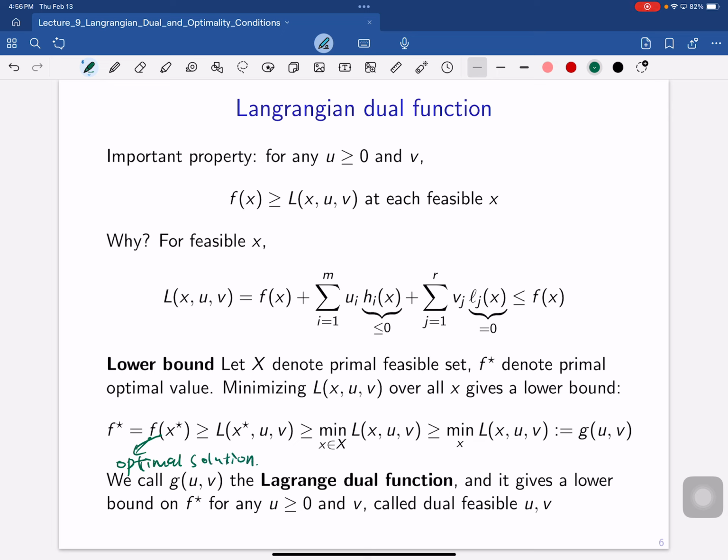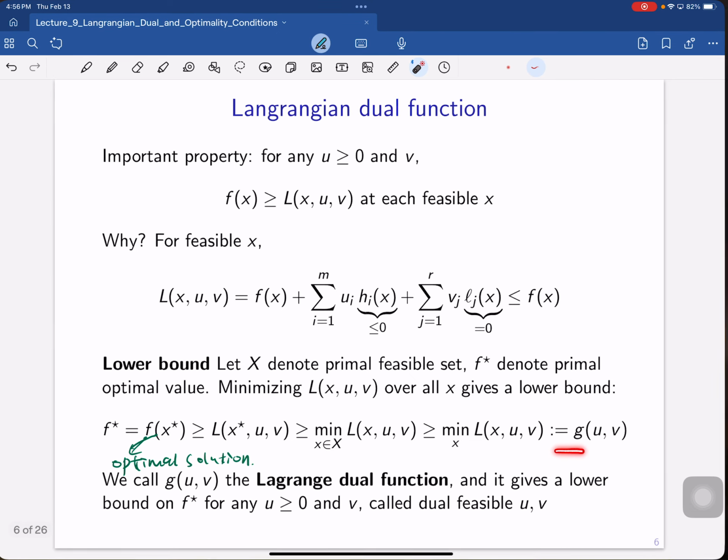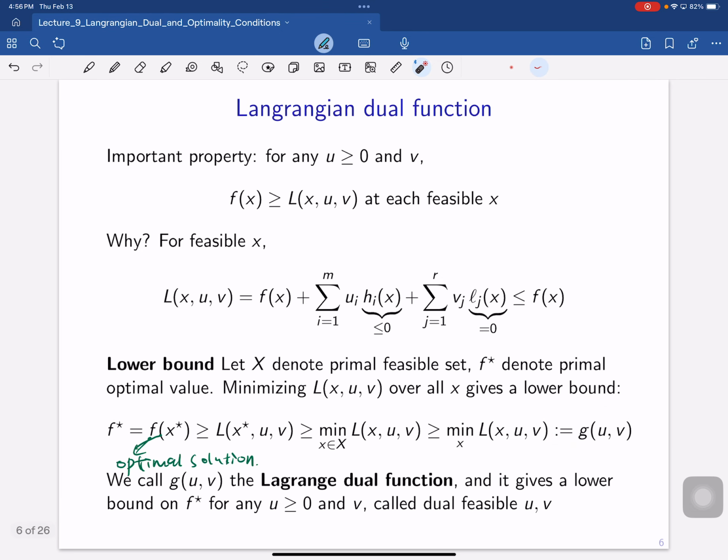And then g of u and v is defined as the Lagrangian dual function, which is basically after you dualize this constraint, then you minimize over x. So g of u, v is defined as minimization over x of this Lagrangian here.